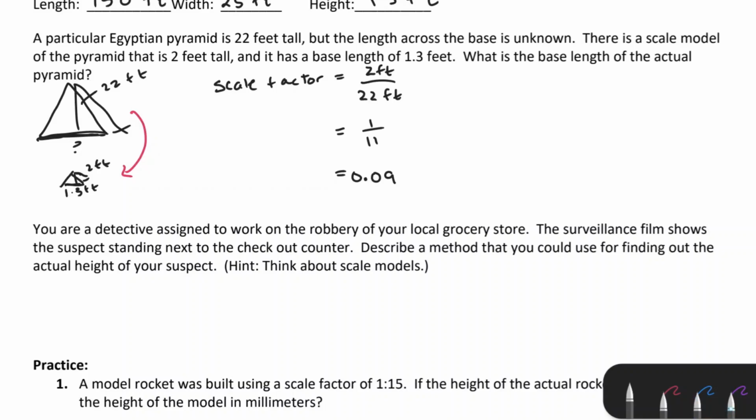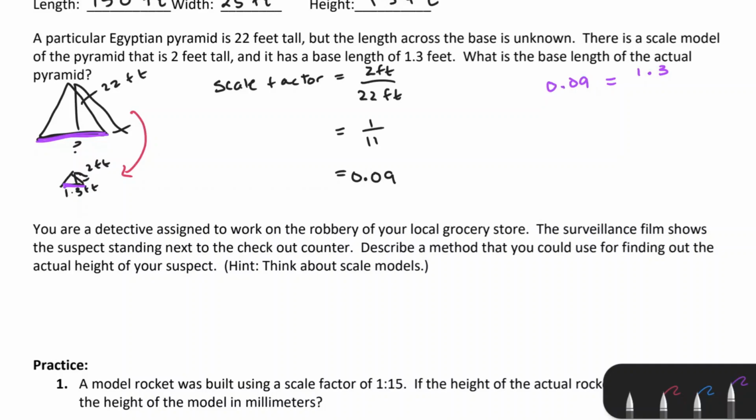Now, let's scale that width. I know my scale factor is 0.09. I need to make sure I'm consistent. I had my model on top, so I need to keep the model on top. If I switch that, now my scale factor is incorrect.